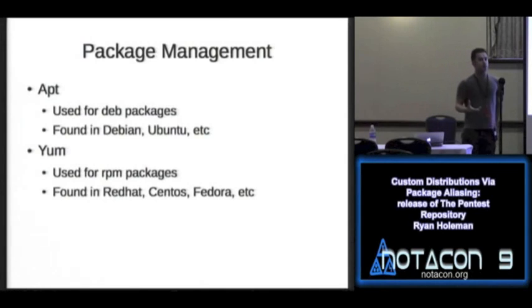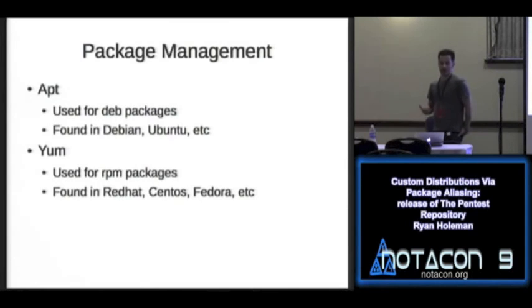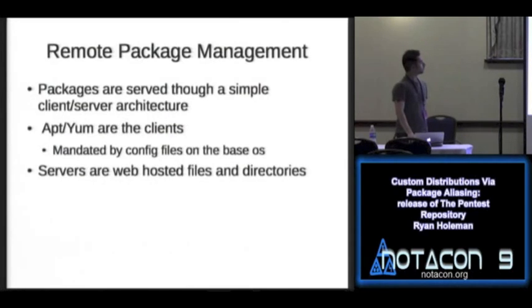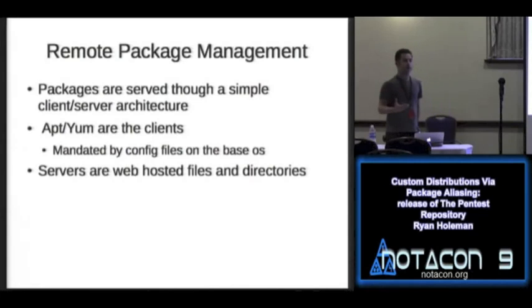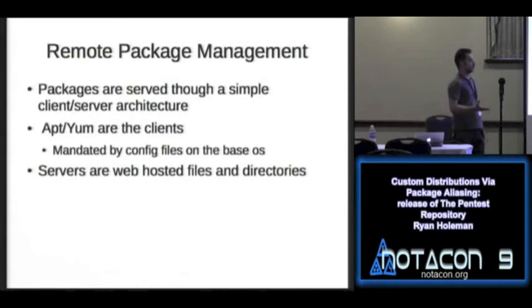It will help you pull them from remote repositories in order to install them on your system. It will keep track of what's installed so you can later on remove them. And so the easiest way to think about a package management system through apt and yum is it's really a simple structure, right? It's a client-server architecture where yum and apt act as the clients, and they pull from remote repositories. The remote repositories are, simply put, just web-hosted files.